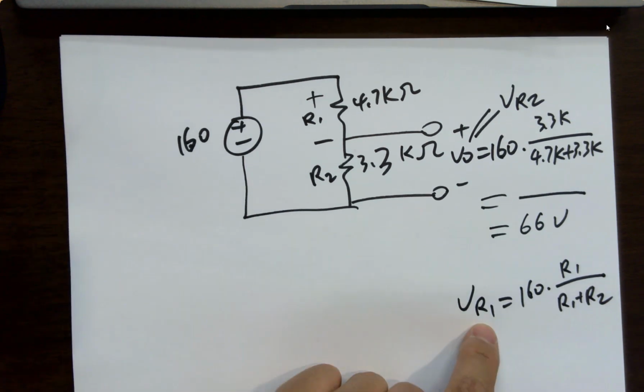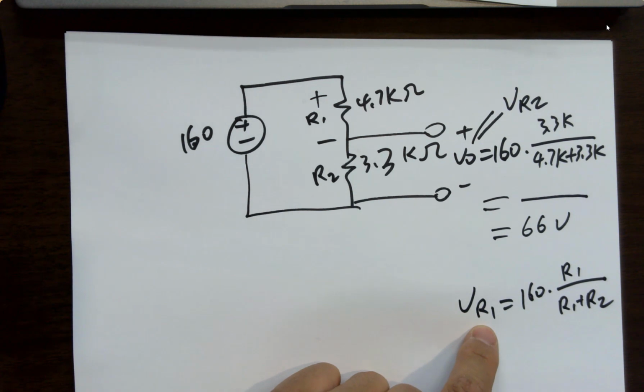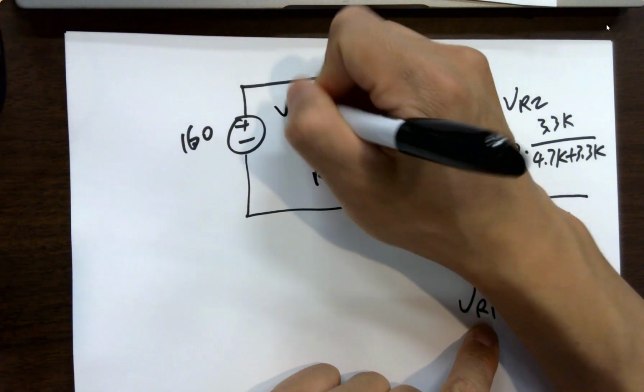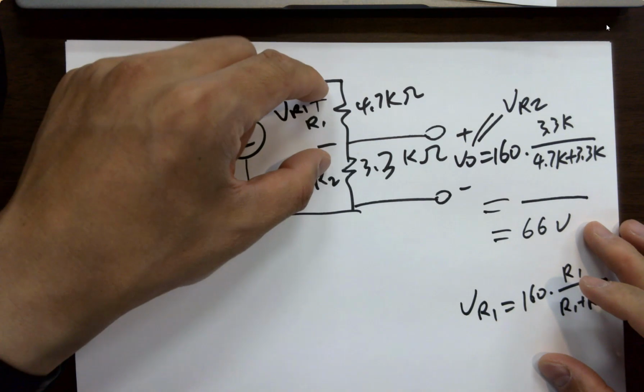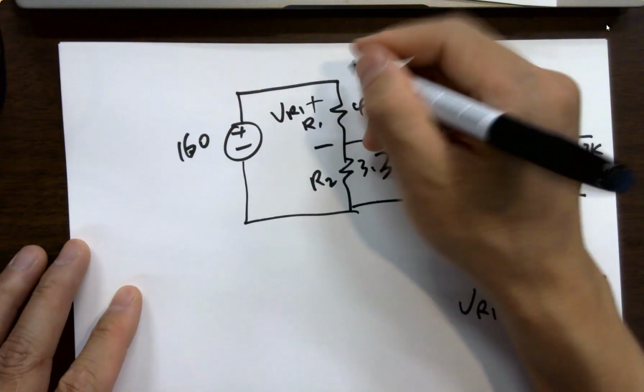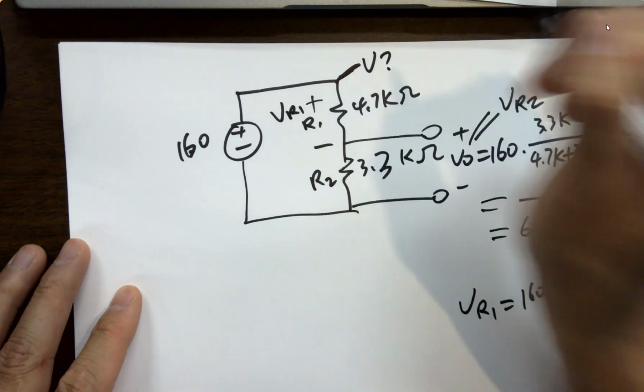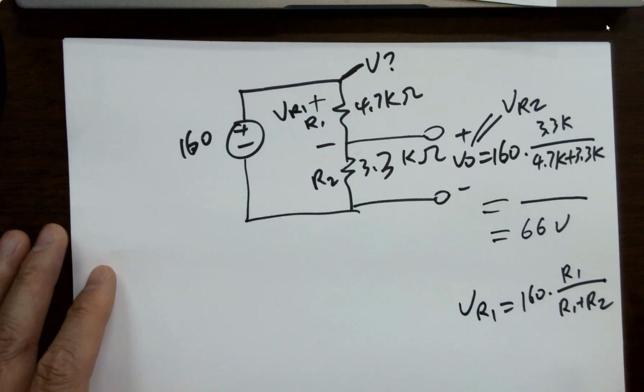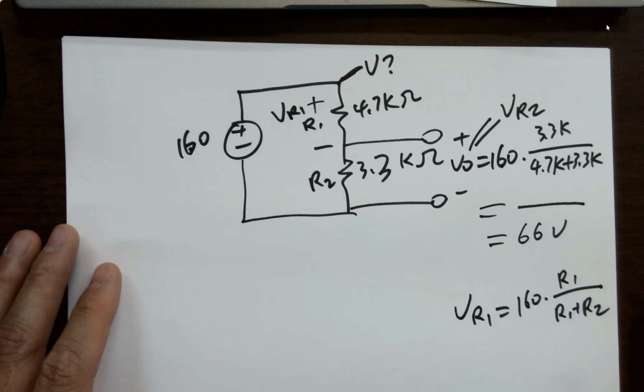What is VR1 first? VR1 is the voltage across R1, right? Is VR1 the voltage here? Why and why not?